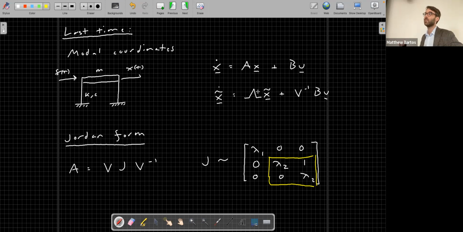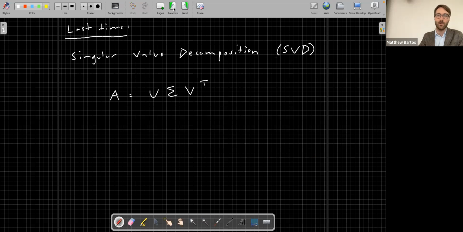So if we're designing feedback controllers to place the poles of the system, it facilitates that. And it also separates the system out into a set of uncoupled differential equations that can be solved independently. And then we can apply our reverse eigendecomposition to put the system back in its original coordinates and find the solution. Okay, so we talked about this technique. This is called putting the system in modal coordinates. Okay, are there any questions?